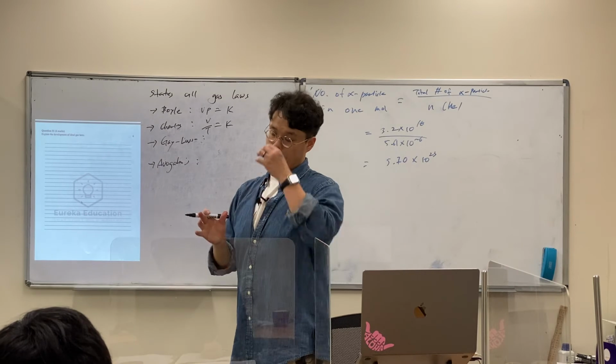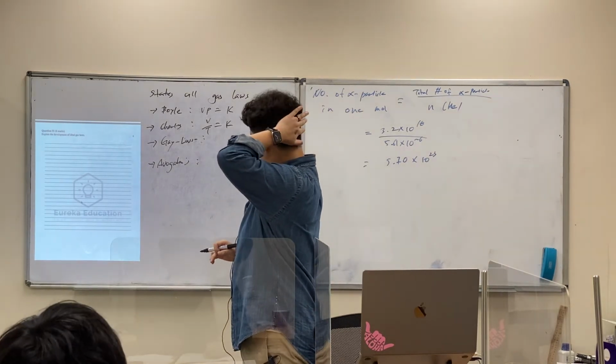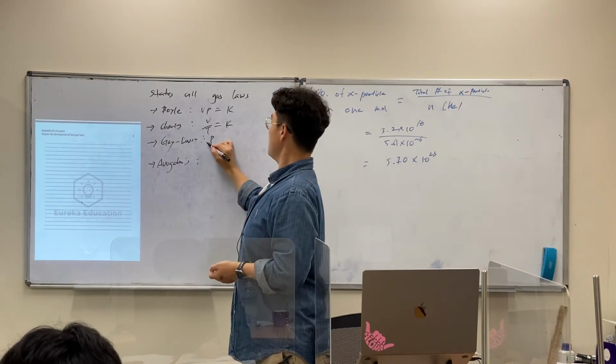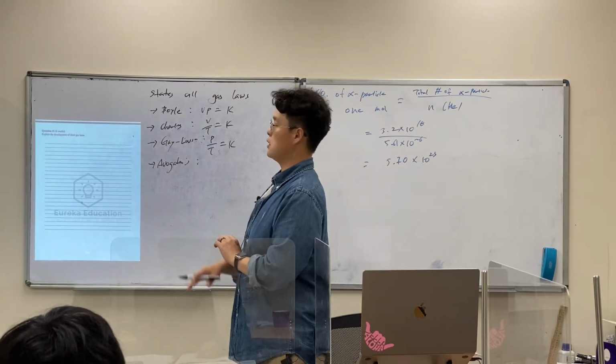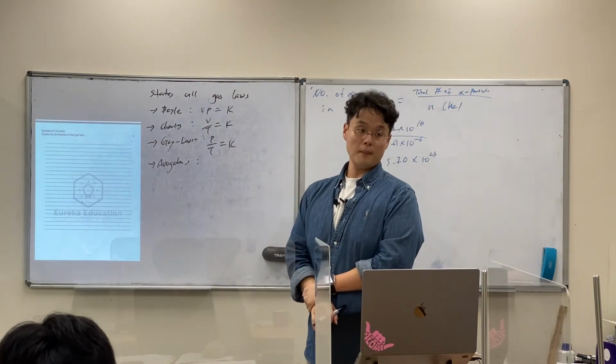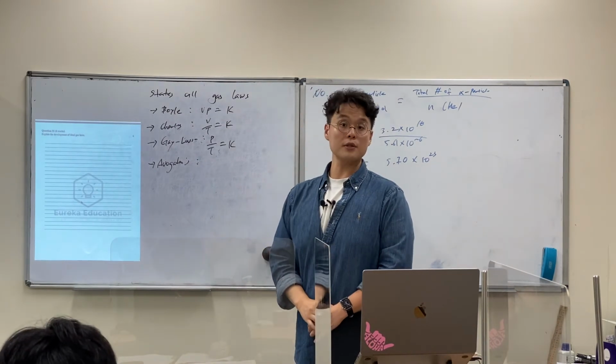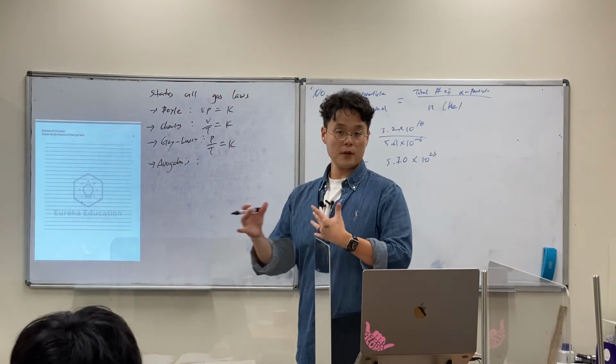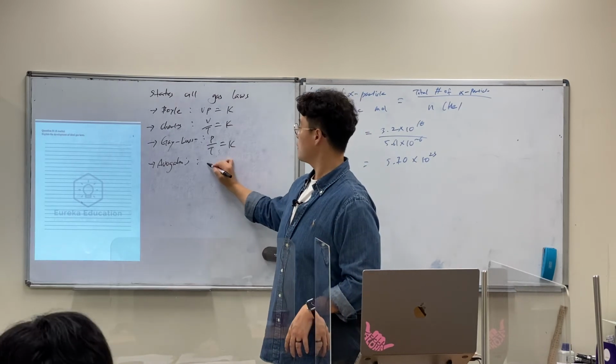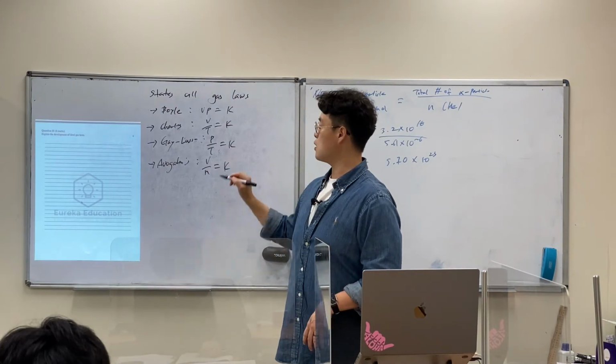What about Gay-Lussac? P on T is also a constant. What about Avogadro's? The number of moles and the volume are directly proportional, so V on n is a constant value.